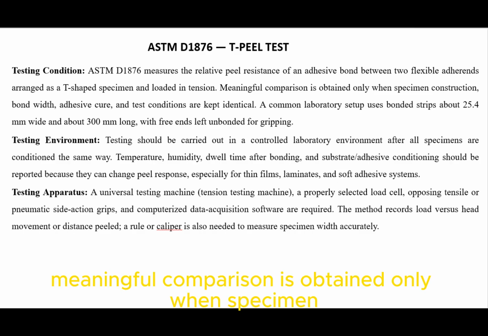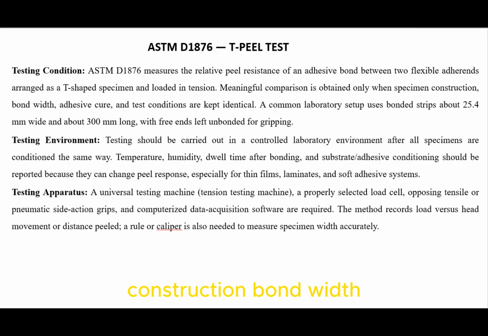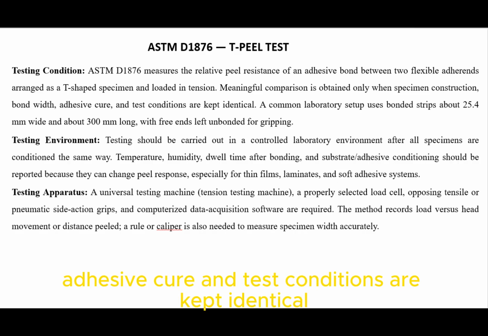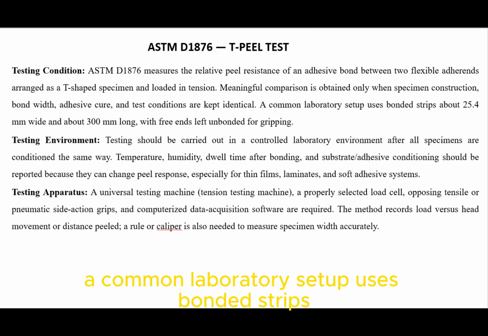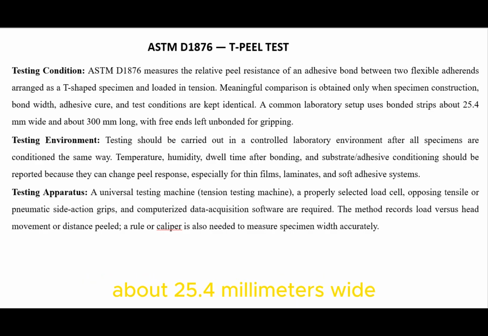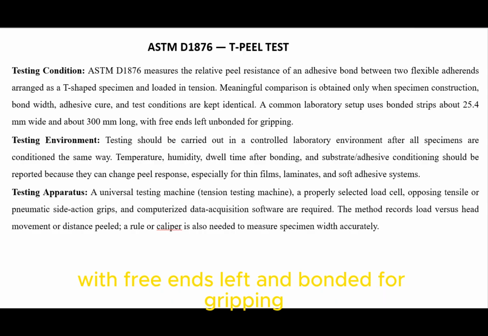Meaningful comparison is obtained only when specimen construction, bond width, adhesive cure, and test conditions are kept identical. A common laboratory setup uses bonded strips about 25.4 mm wide and about 300 mm long, with free ends left unbonded for gripping.